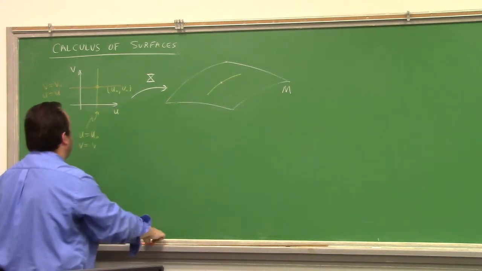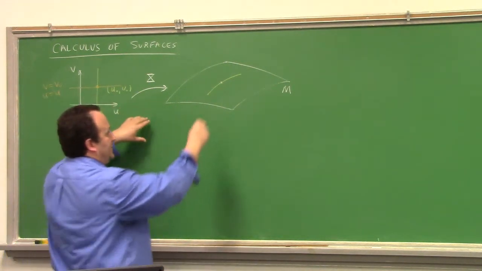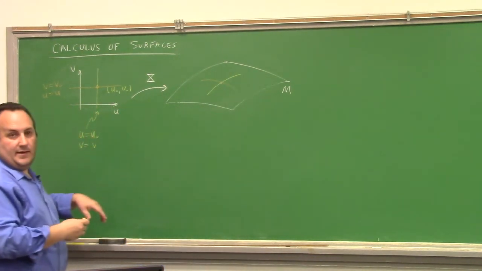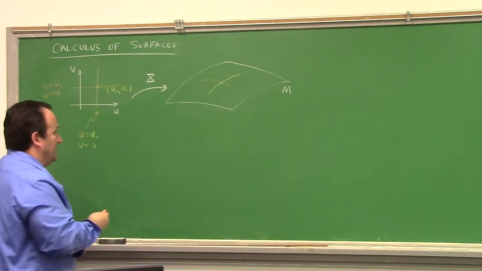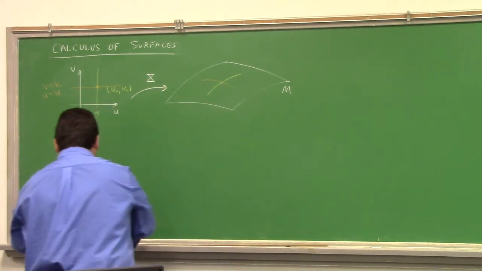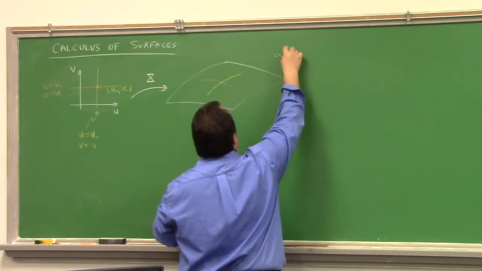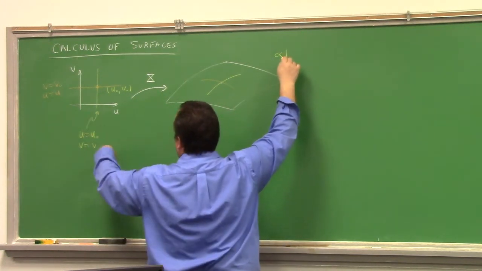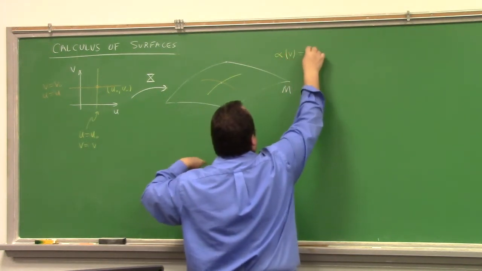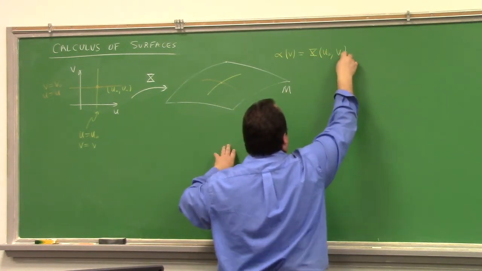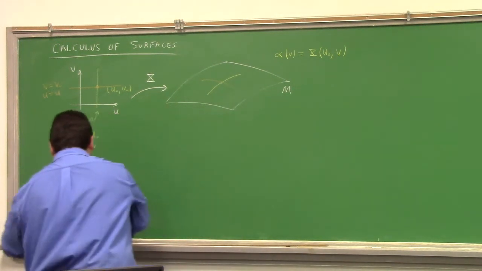And it's going to map the horizontal line to also something that's like a curve over here, right? In particular, I could say that the yellow one is alpha. Alpha is parameterized by V, so alpha of V would be x of U naught, V, right?